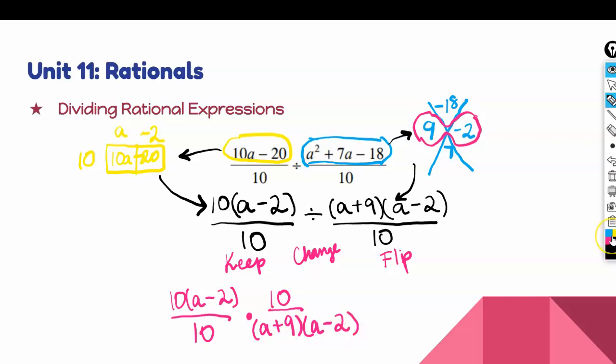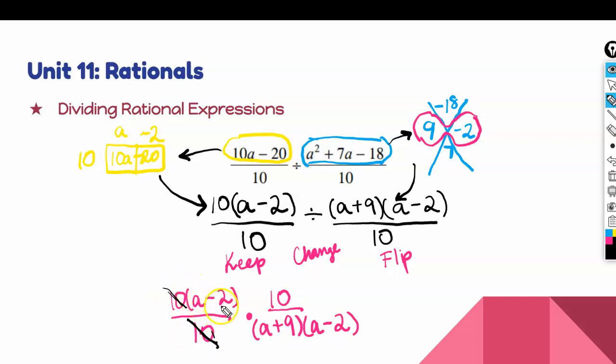Now, what do you see that's the same on both the top and the bottom? Well, I have tens on the top and bottom. Those can cancel out. Not this one. They travel in pairs. They need to cancel out in pairs. So just this one and this one cancel out.